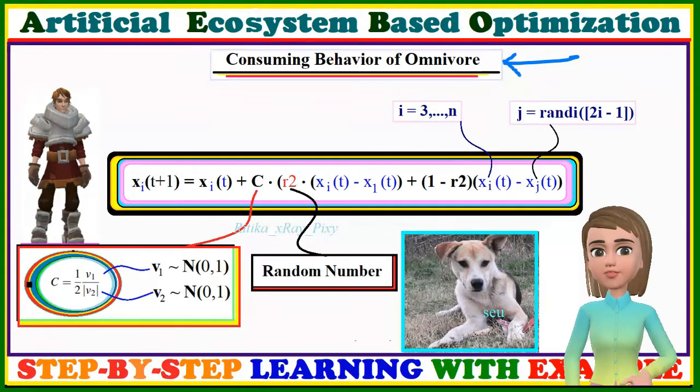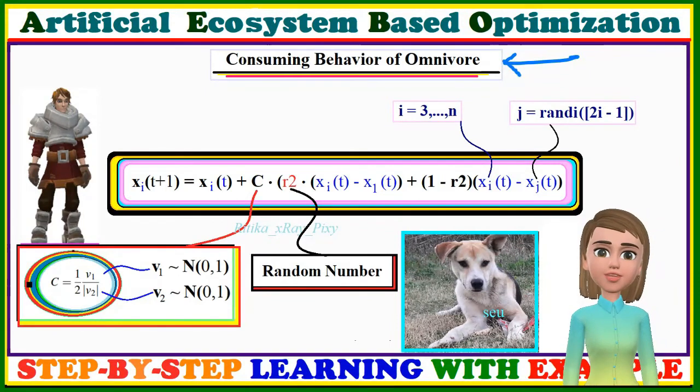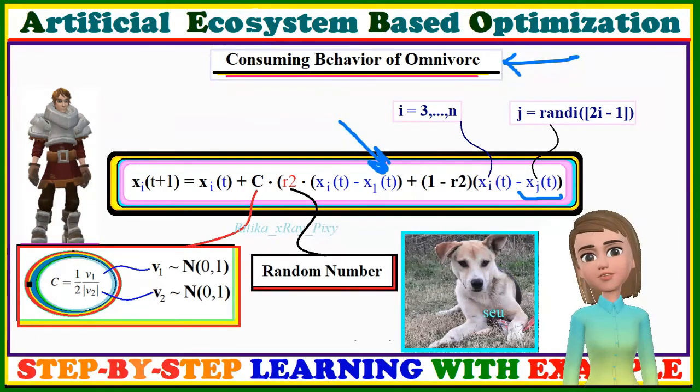Next, we have the consuming behavior for the omnivores. Omnivores can feed on both plants as well as meat. So here you can see we have the producer, this one, and here this is another individual. So they can feed on both producers as well as other consumers.